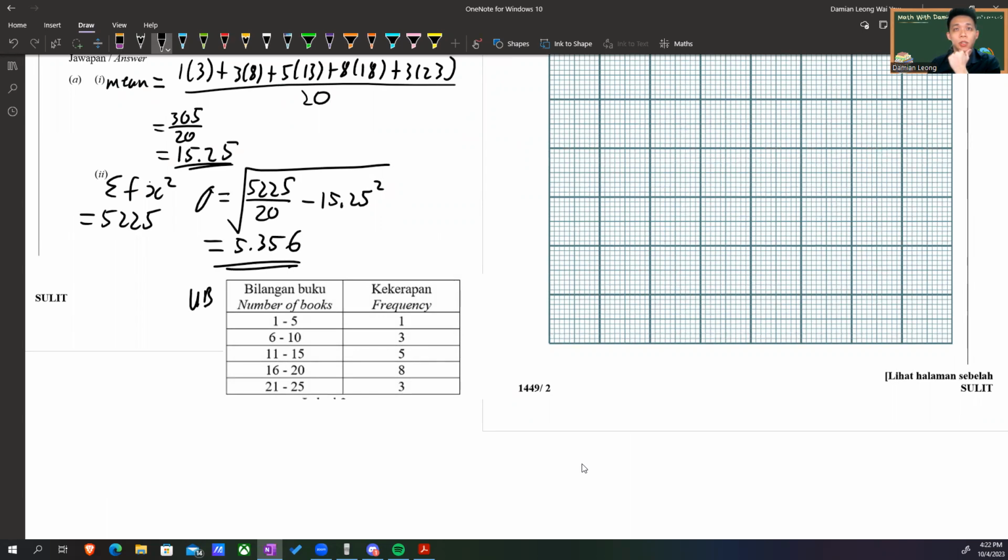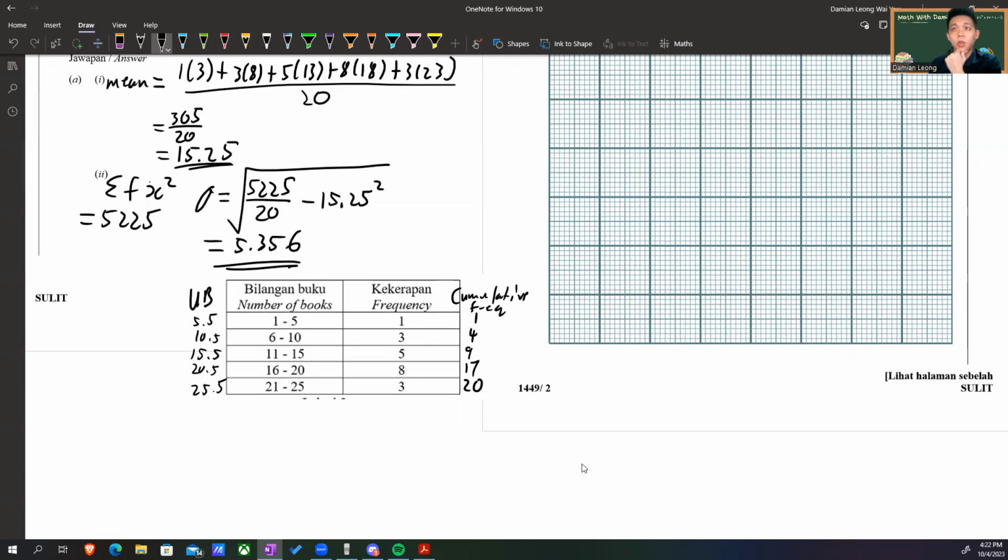So in between upper limit and the lower limit of the next one: 5.5, 10.5, 15.5, 20.5, 25.5. Then the cumulative frequency: 1 plus 3, 4, 4 plus 5, 9, 9 plus 8, 17, 17 plus 3, 20.